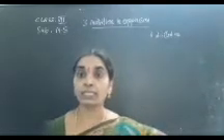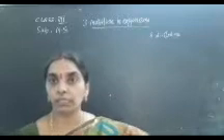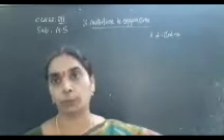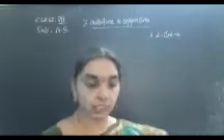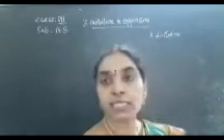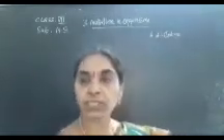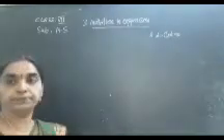This is a very, very important topic that you have to learn, and the diagram is also very important from the examination point of view. Okay, so now I'll show you how to draw the diagram of the human digestive system. Okay, children, follow it carefully.